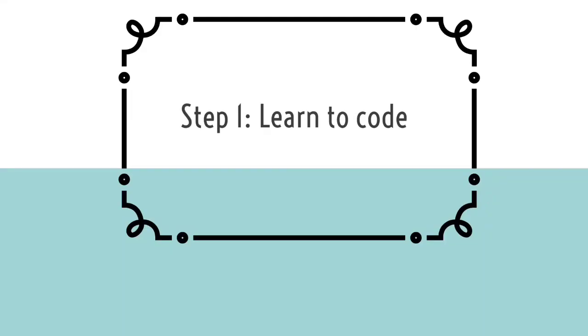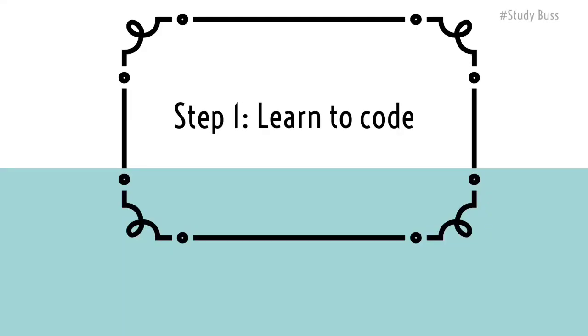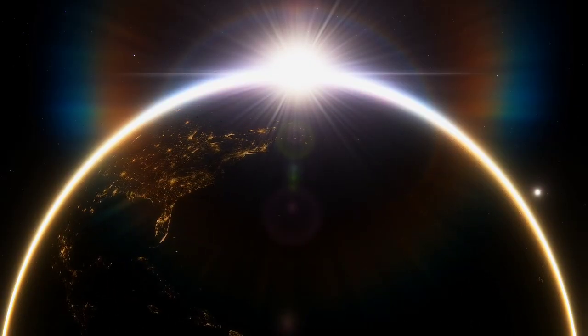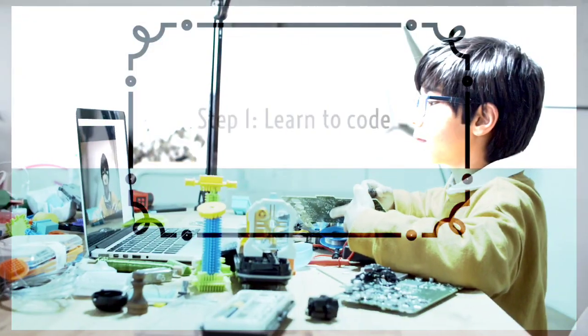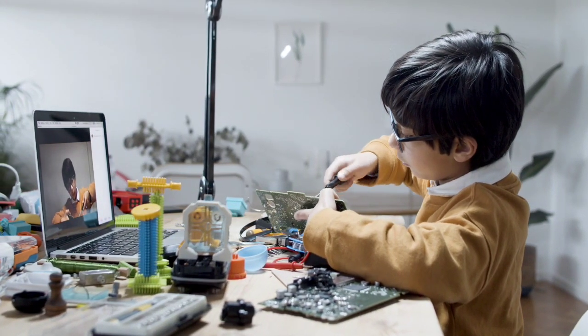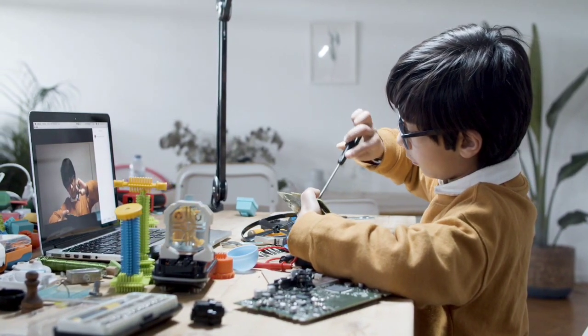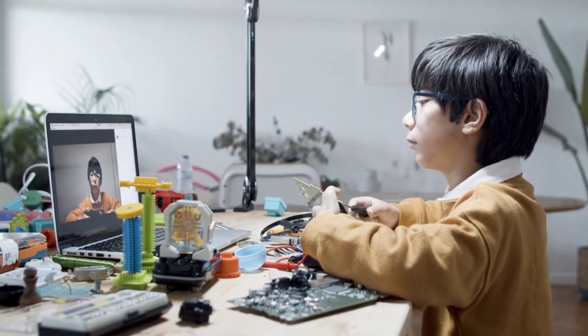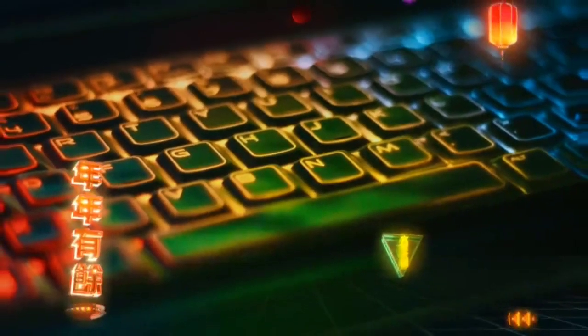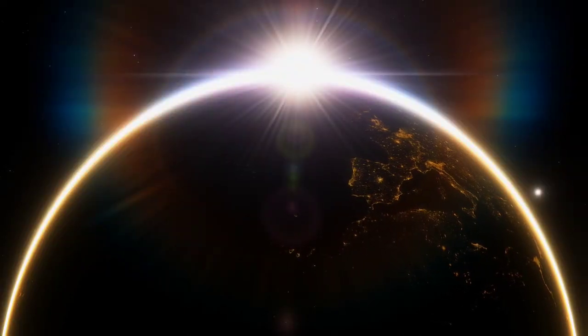So, step number one, learn to code. It is essential that you learn to code before moving on to other stuff. You know, it is exactly the language that a computer can understand. You learn the basics of the code so you are able to write software and communicate with computers.